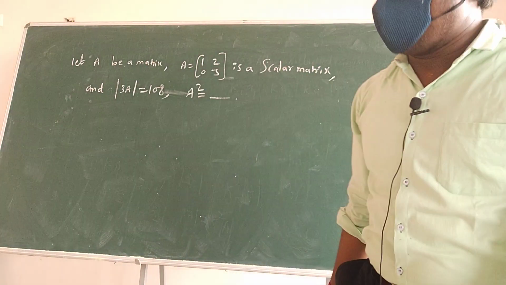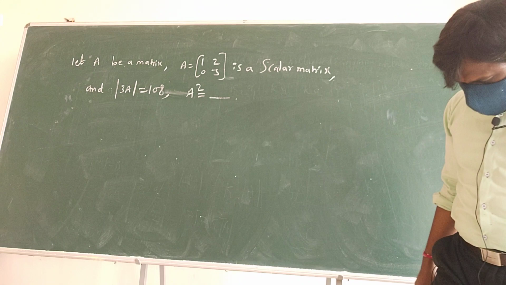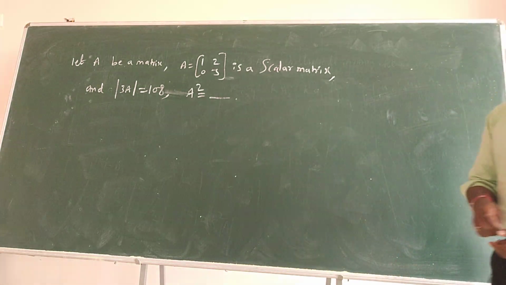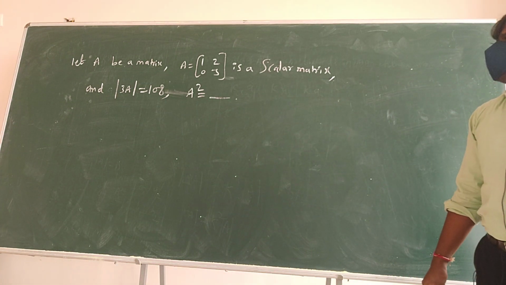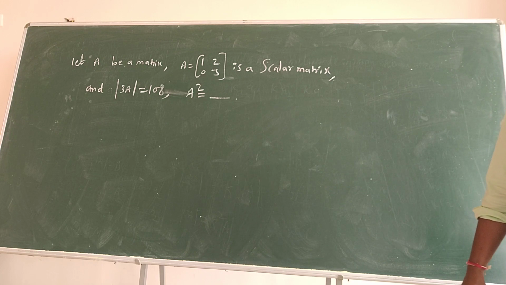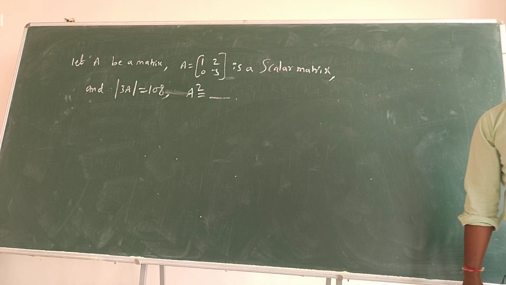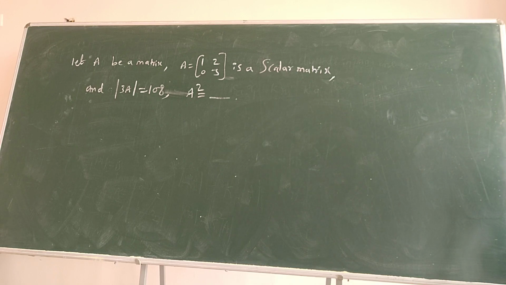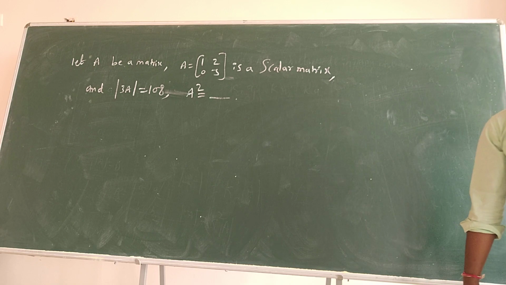See here, this is a JEE question. Let A be a matrix, A equals 1, 2, 0, 3, is a scalar matrix. Mod 3A is equal to 108. A square is equal to how much? How to do?